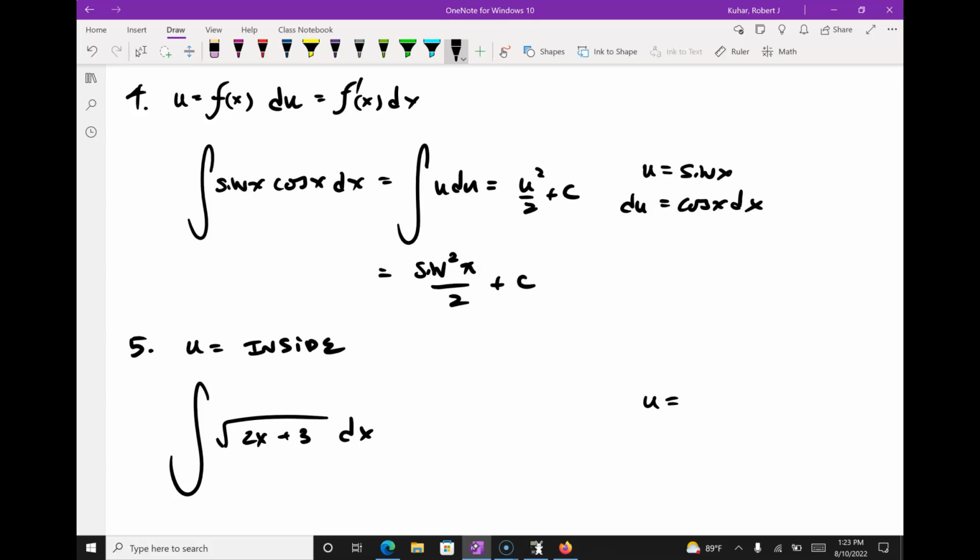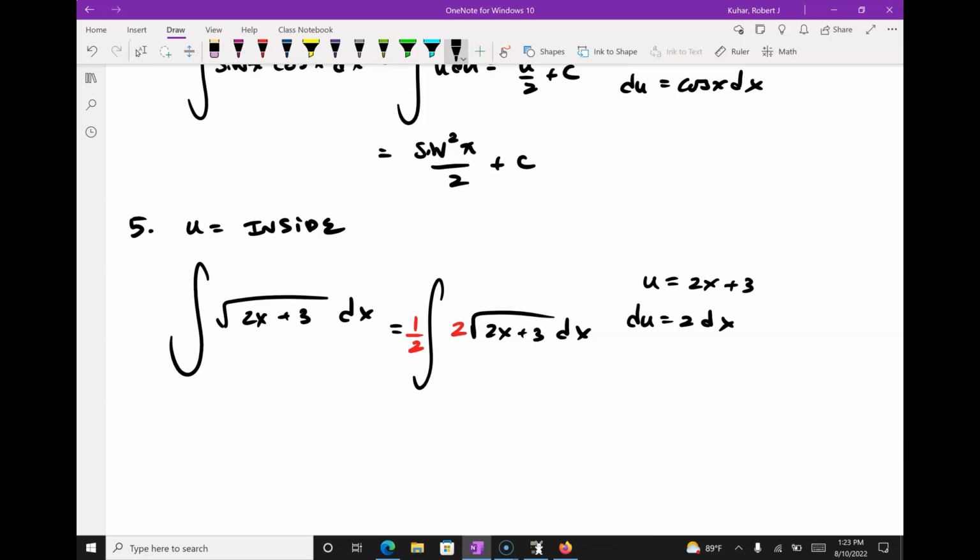So we say here u is the inside. Of course, du is 2 dx. And that's where I'm doing my level 3 trick, multiply by 1. I'm multiplying by 1 by a 2, and I'm canceling with a 1/2. Right? So I get 1/2 of square root of u du. Make sure you see that the 2 dx is du, right?